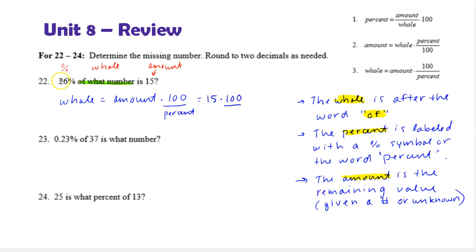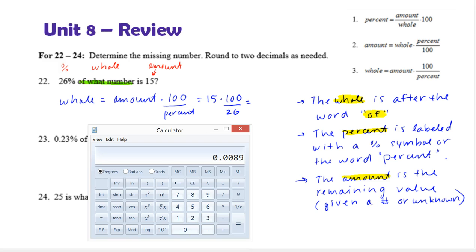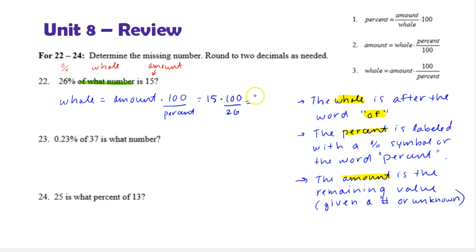The percent we're given is 26. So we just need to multiply 15 times 100 over 26. We want to round to 2 decimals, so that would be 0.69. 2 is less than 5, so 57.69. We'll round down.